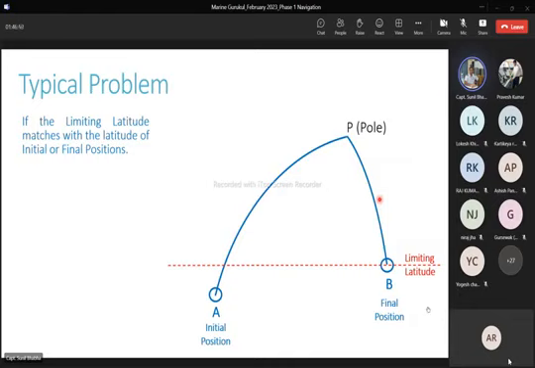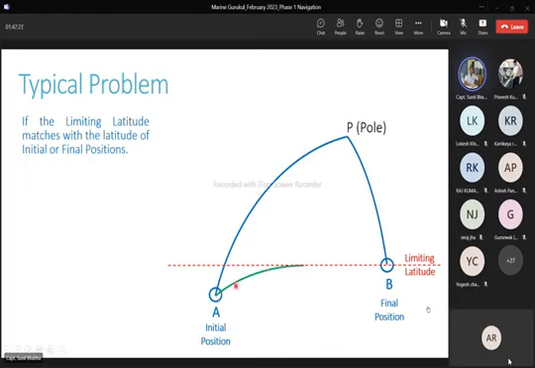Now in composite sailing problems, the first course is found by making a great circle track. The great circle track should be such that it passes through our initial position, in this case A, and it has its vertex on the limiting latitude. So we will first plot this great circle track exactly like this. It will pass through position A, our initial position, and the track has its vertex on the limiting latitude.